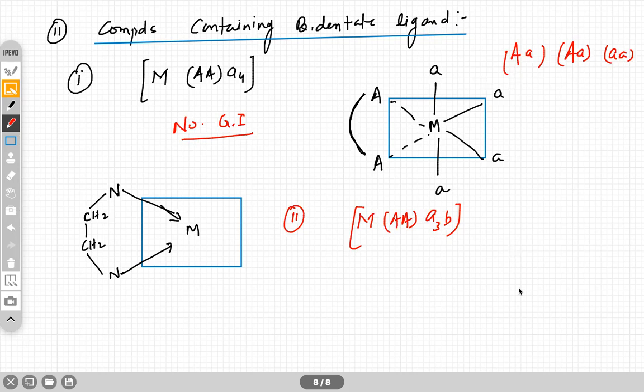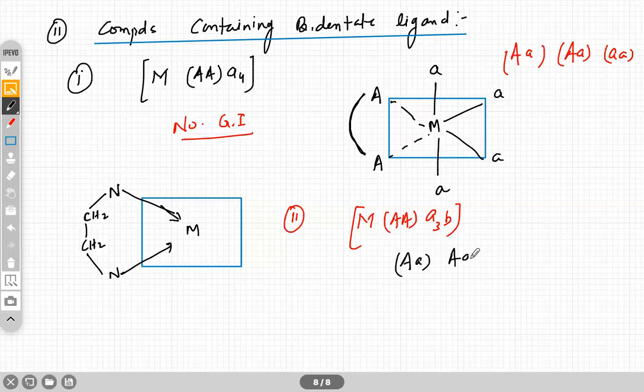You change the position of A and check whether you are getting a different structure or not. So the possible structure here is AA, then we'll write AA, and then we'll write AB. This is not the method given in the book, but to understand or to save time counting the number of GI, it is always better than drawing the structure in the exam.